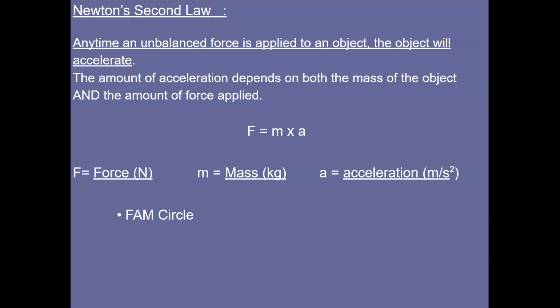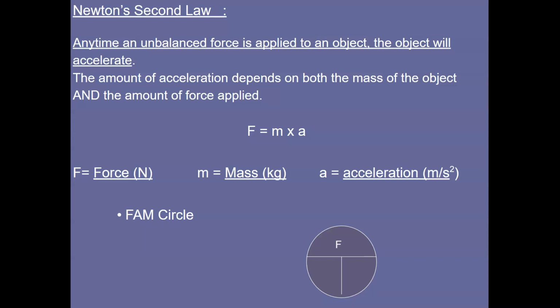All right, and we can represent this equation using what we lovingly call the FAM circle. So it is just a graphic representation on how to manipulate or change around the variables to solve for any of the 3 that could be missing. When filled in correctly, we have this, what I like to call a circle T, and it helps to show you what type of mathematical function is going to be taking place.